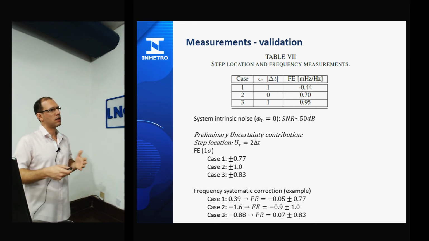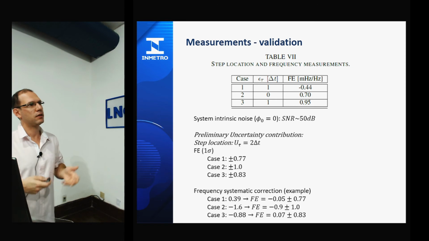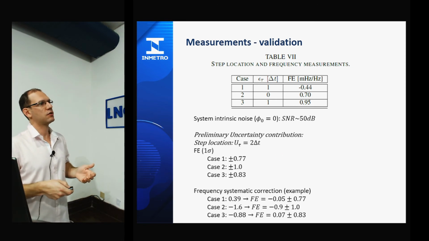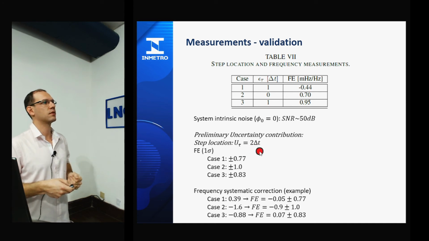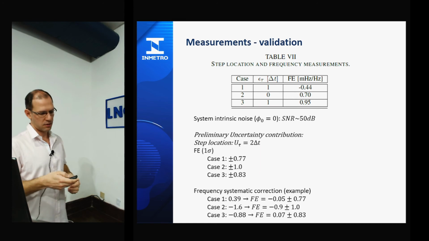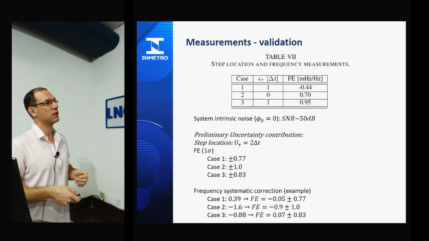And we can make a preliminary uncertainty budget. For the step location, we know that we have an uncertainty of 2 sampling intervals. And for the frequency errors, we have 1 sigma that I got from the last tables, to see here.